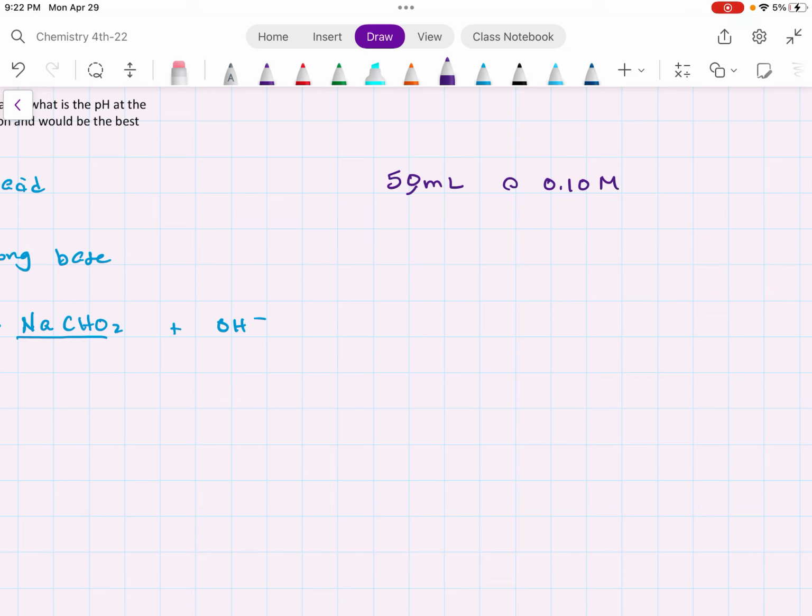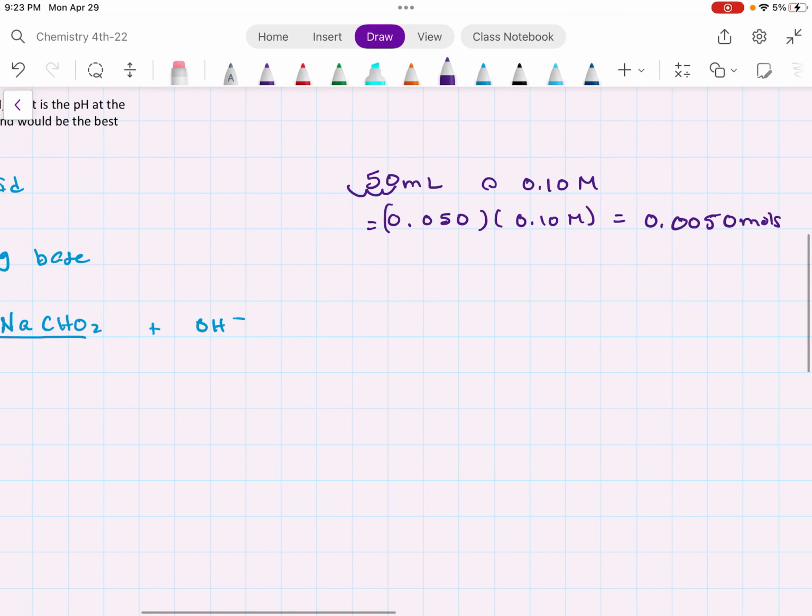Now, if we convert this to liters, that's going to give us 0.050 times 0.10 molar, which gives us a value of 0.0050 moles, right?